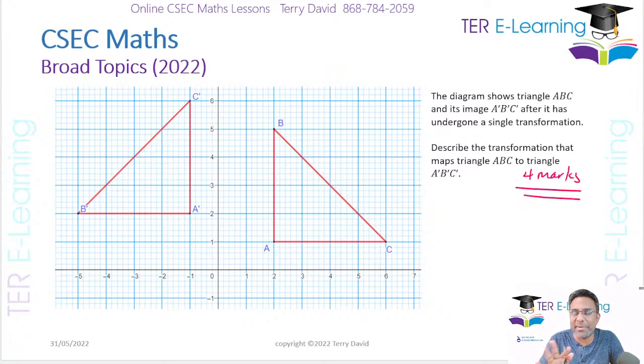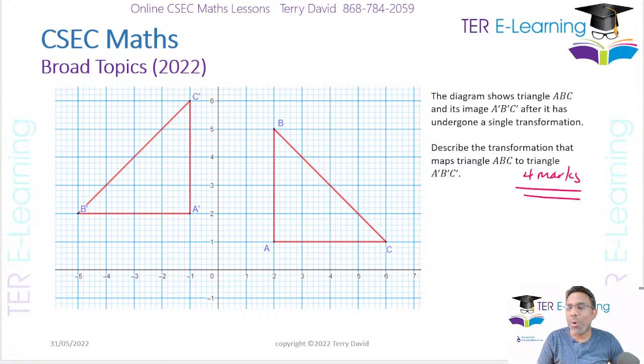So don't just tell me rotation. There are several things that you must say if you think it's a rotation. I've seen some people saying rotation, some people saying translation. I saw somebody say enlargement.